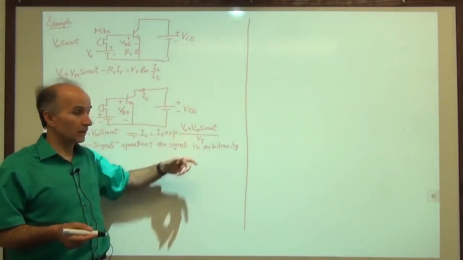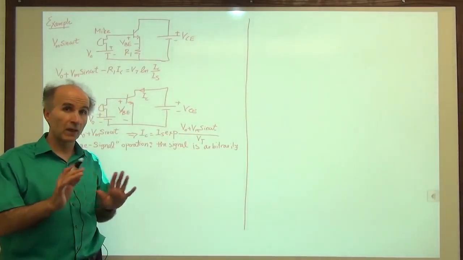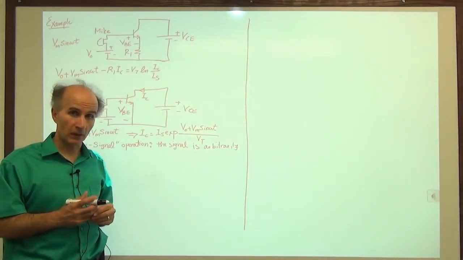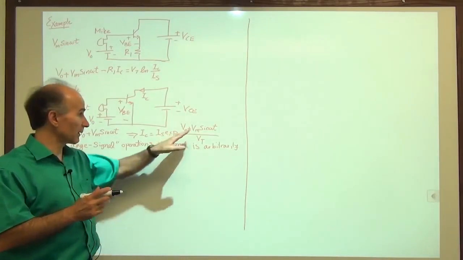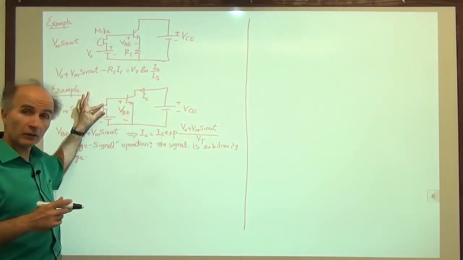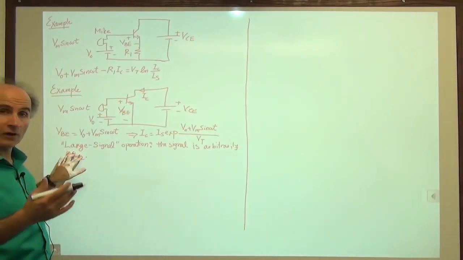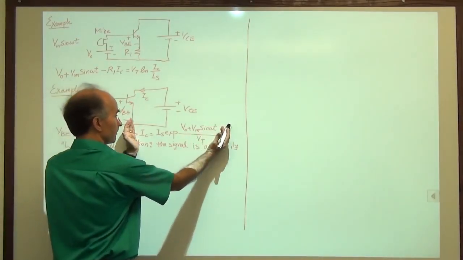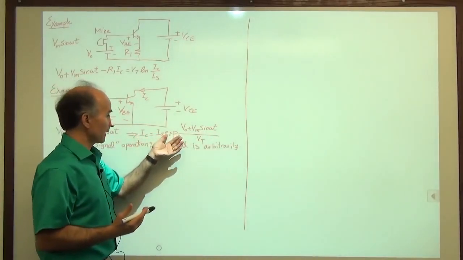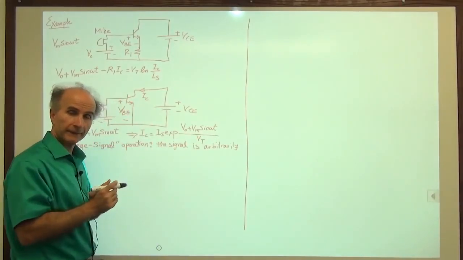How much is Vm? Vm could be 100 millivolts, 200 millivolts. We did not say Vm has to be small. If we don't have this limitation, if we don't say the signal from the microphone is small, then we say we are in the large signal regime. That's what we have. We have IC as an exponential function of a sine, etc., relatively complex.